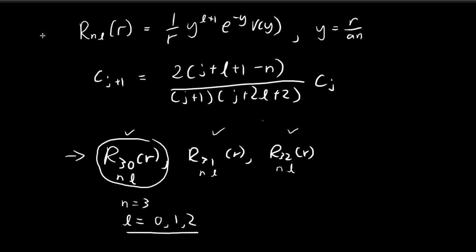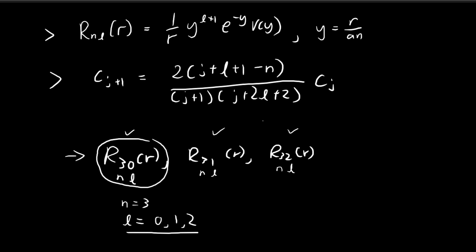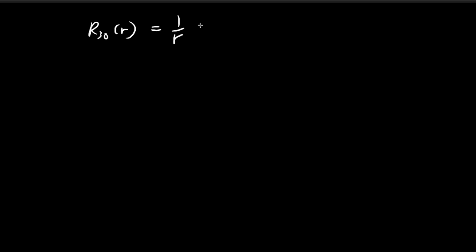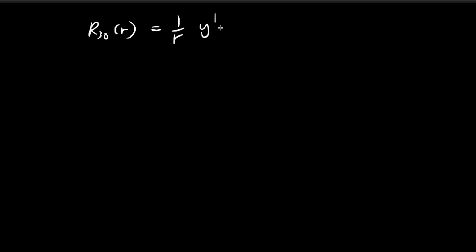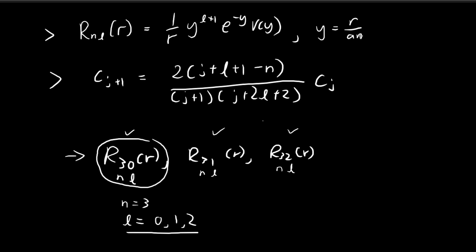Based on these formulas over here, you can see that R30 is going to be equal to this expression, which is 1 over r, y to the power of l plus 1. In this case, l is equal to 0, so we have y to the power of 1, e to the power of negative y times v of y. And don't forget, y can be expressed in terms of r, so r divided by an.